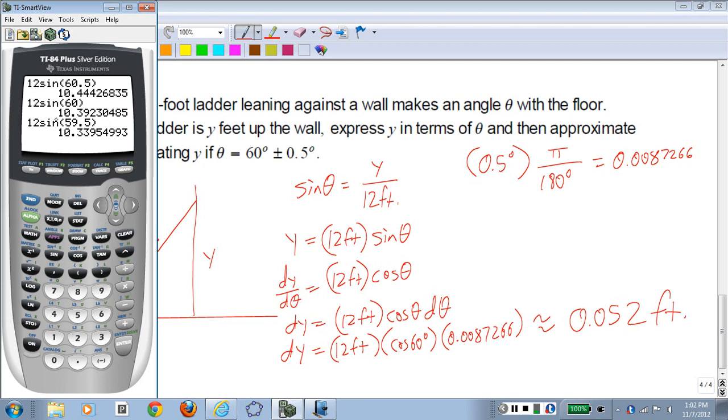See, if we say it's 10.39, maybe it's as much as 10.44, maybe it's as little as 10.34, but our estimate is we can be off by about 0.05 feet. See, we're looking at the delta y here. The difference between those is delta y, and we're using dy as an approximation for that. It looks like a pretty decent approximation in this case.